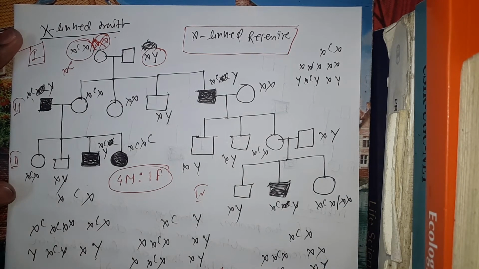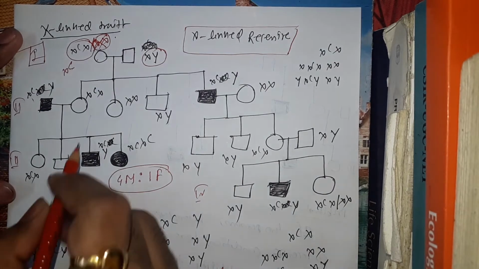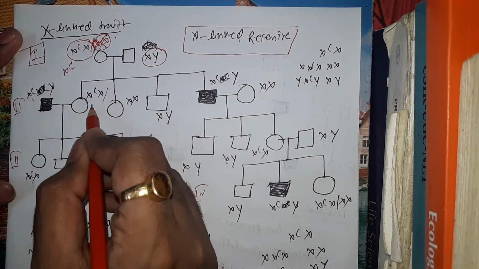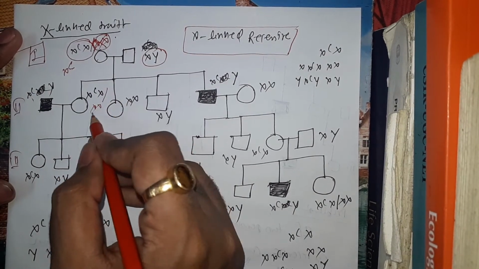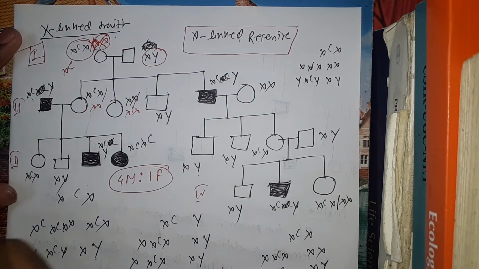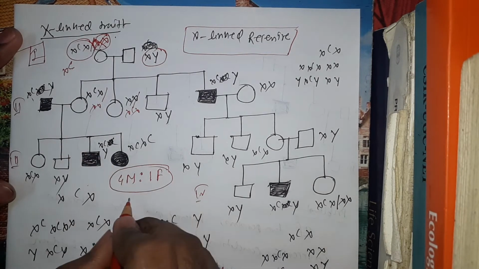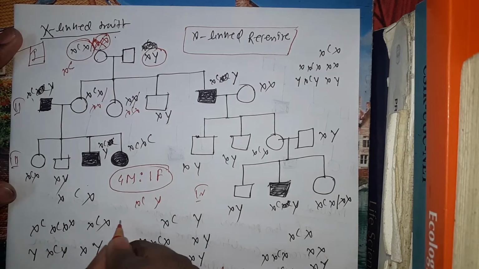Okay, then let's come here. There can be two possibilities: whether it is XcX or XX, or this is XcX or XX. So let's find out. For finding out you need to do a Punnett square, XcY.